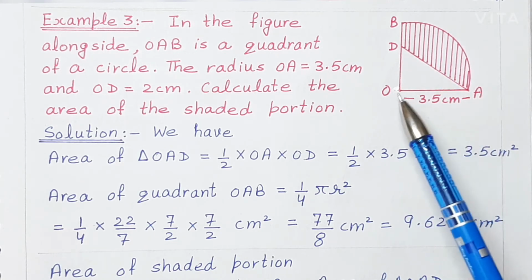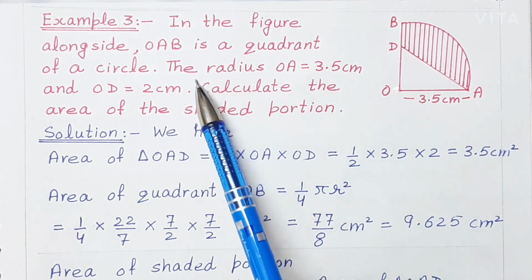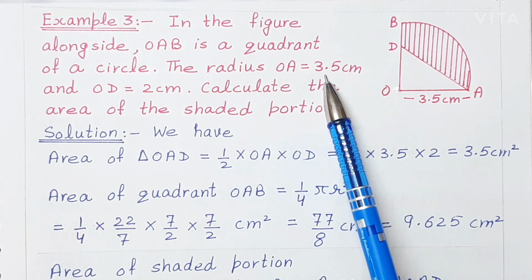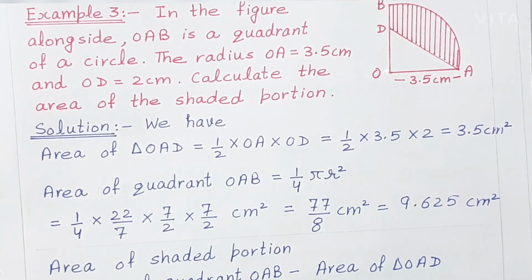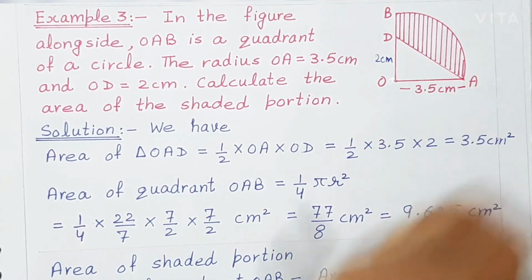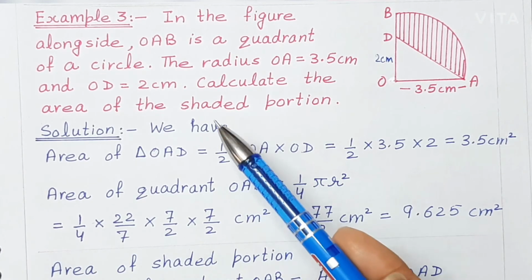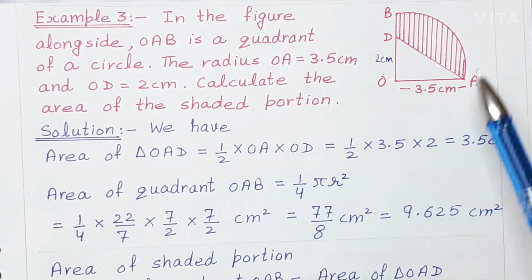And OAD is a triangle. The radius OA is 3.5 centimeter. OD is how much? It is 2 centimeter. Calculate the area of the shaded portion.